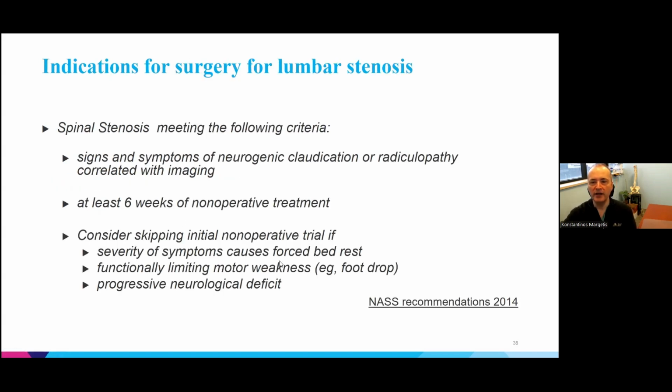So when the patient has symptoms that correlate with the imaging, and the symptoms might be radiculopathy that we have already described, or it might be neurogenic claudication. Let me describe this term. So this is pain in the legs that comes with walking. Sometimes we confuse it, or there might be vascular claudication from arterial stenosis.